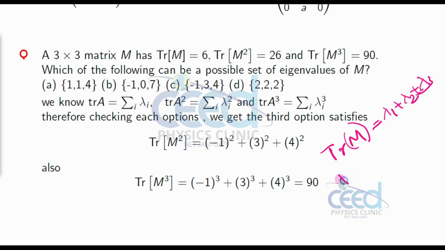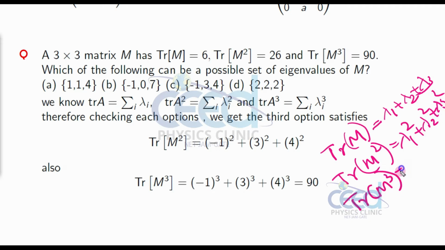Trace of M square is equal to lambda 1 square plus lambda 2 square plus lambda 3 square, and trace of M cube is equal to lambda 1 cube plus lambda 2 cube plus lambda 3 cube. Now which of the eigenvalue sets satisfies these conditions, that only you need to check.